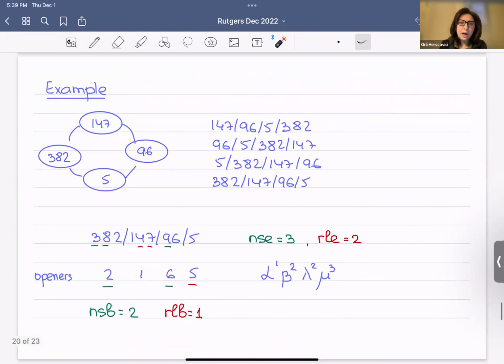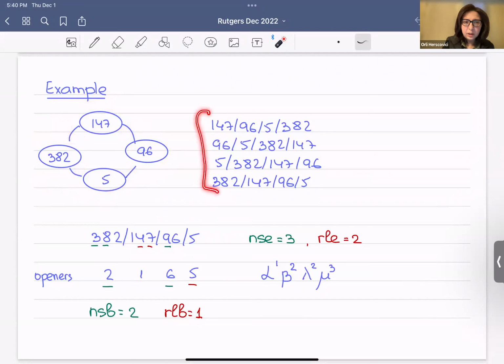But how do we apply it to cyclically ordered partitions? If we have a cyclically ordered partition, we consider it like one of the blocks, or like we have a chain that can be opened in some place. So it can be opened in four different ways. For example, such a cyclically ordered partition depends on where we open our chain.